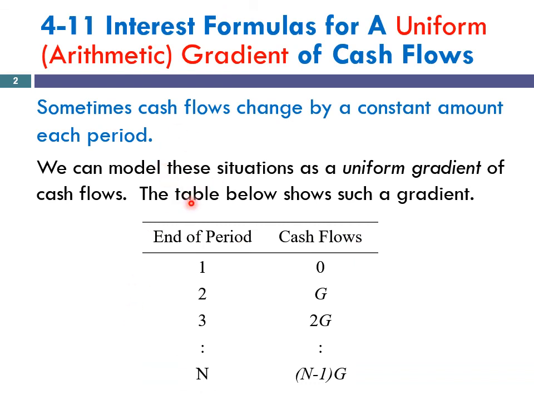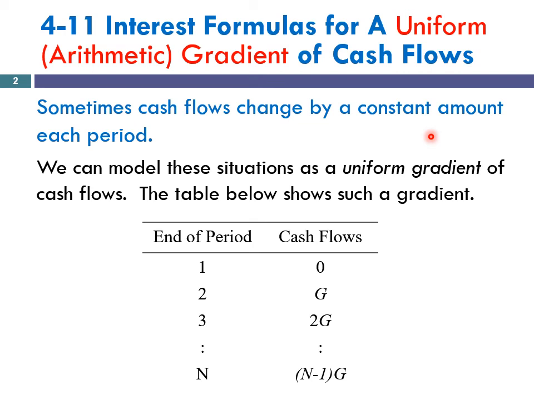Sometimes the cash flows may increase. We may decide, for example, to make a loan payment by increasing our payments at each period by a constant amount. Since this case is also a common method used in real practice, the factors and formulas were derived for it as well.